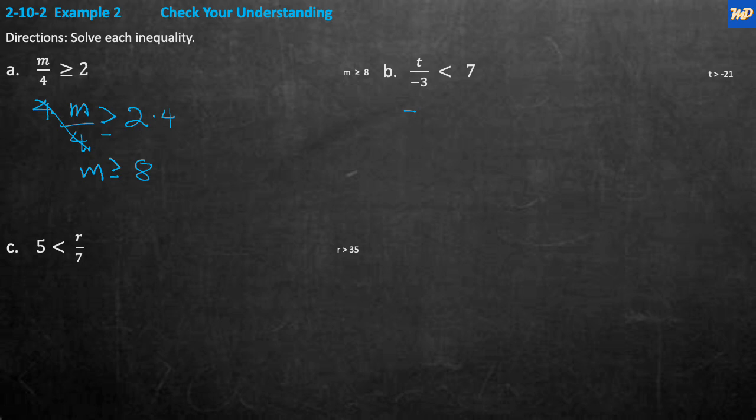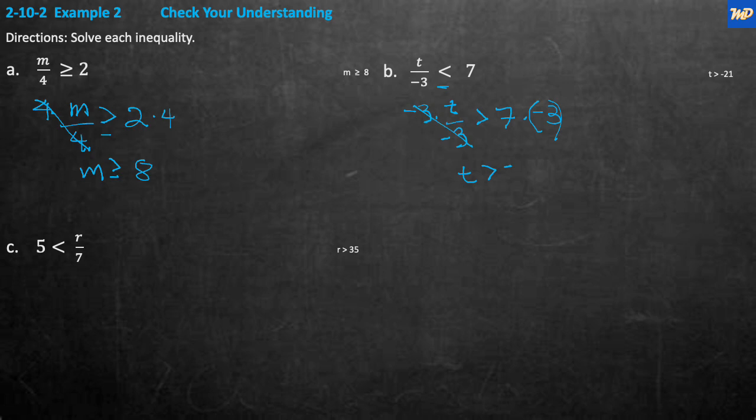So negative 3 times t divided by negative 3 is now greater than 7 times negative 3. So the negative 3's cancel.